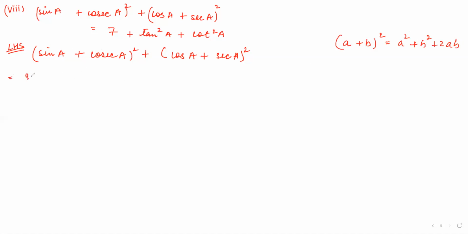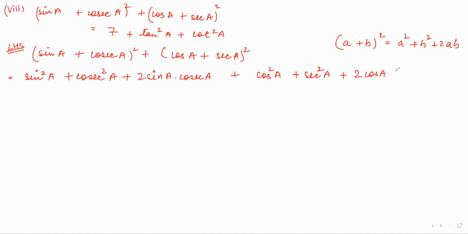So it will become sin square A, right? Plus cosec square A plus 2 into sin A into cosec A, correct? And similarly the second bracket. So it will become cos square A, because it's plus, so I'm not putting a bracket, and plus sec square A and then plus 2 cos A into sec A, right?